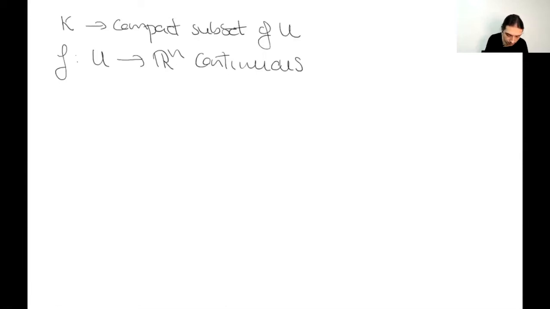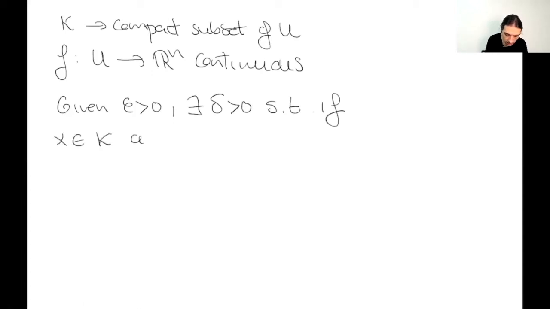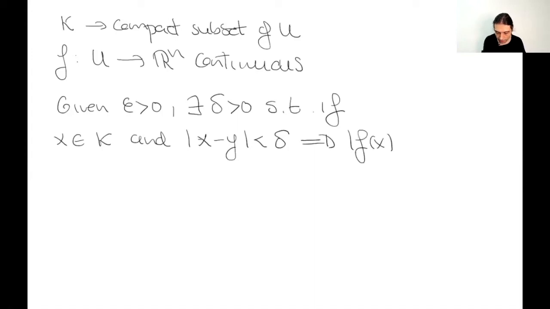That means that given a positive epsilon, there exists a positive delta such that if x belongs to K and x minus y has norm smaller than delta, then the norm of f of x minus f of y is smaller than epsilon.